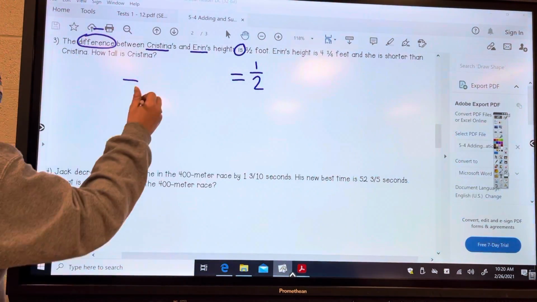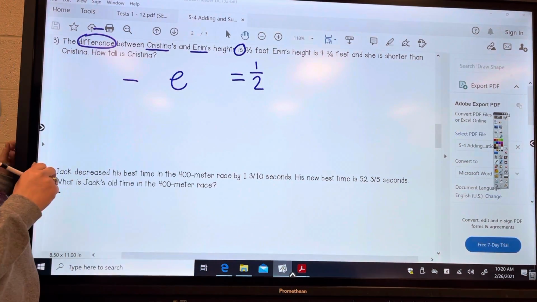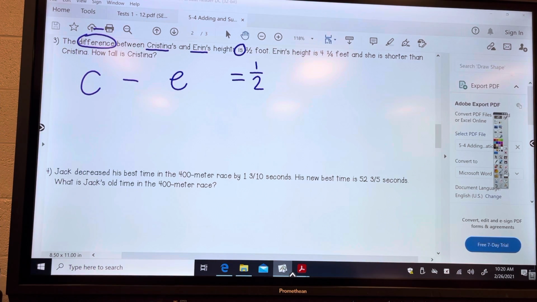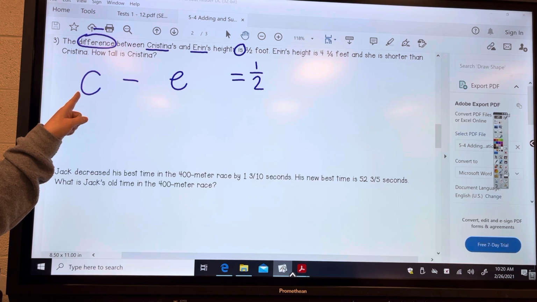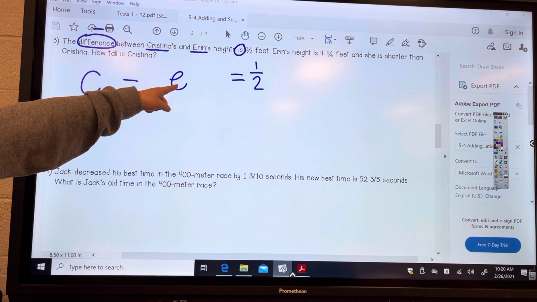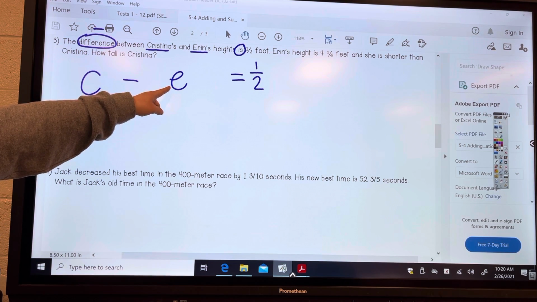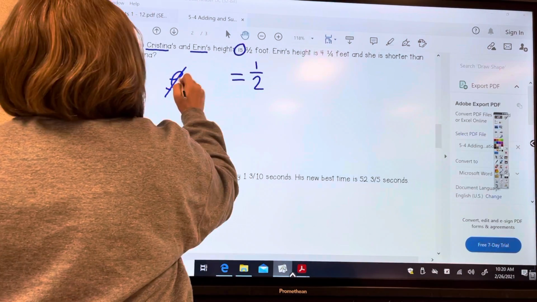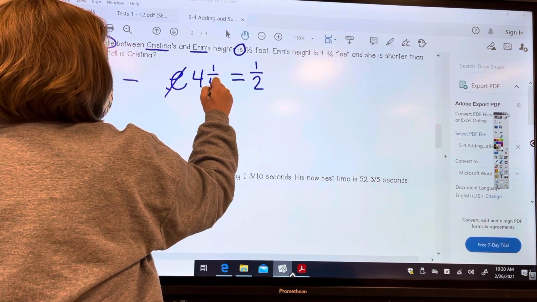Shorter. So Erin, I'm going to put an E here for Erin, is shorter and Christina is taller. Do we know how tall Christina is? Nope. Do we know how tall Erin is? How tall is Erin? So I'm going to put that there.